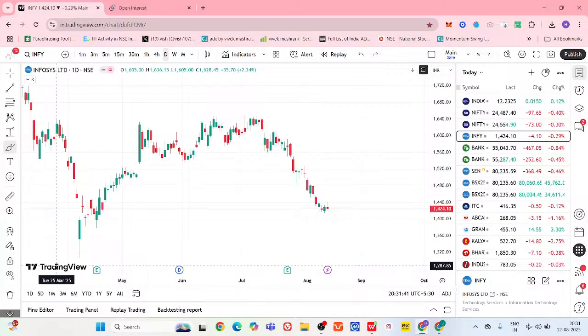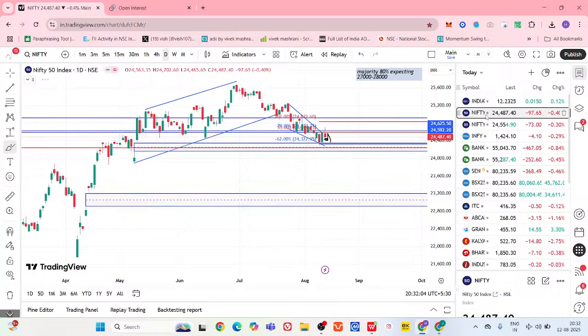Tomorrow also, as I mentioned, I'm expecting the market to move down. So I'll share the levels for Bank Nifty also. Give me a minute. Where is Bank Nifty? This is Nifty, as I told.